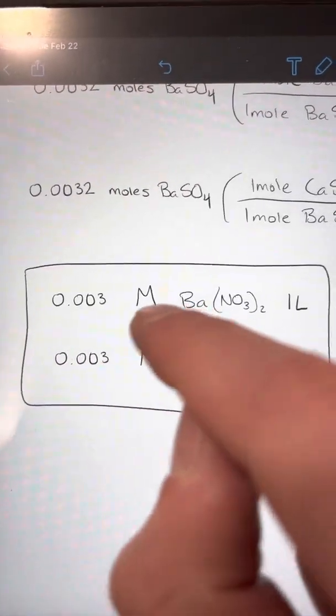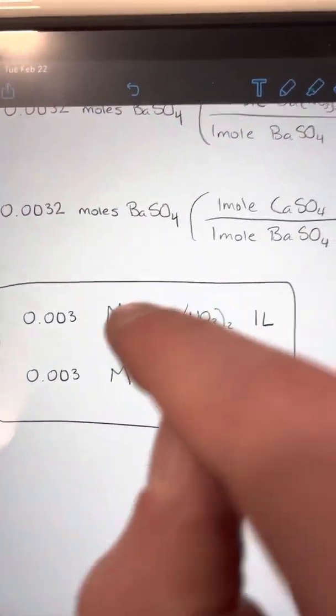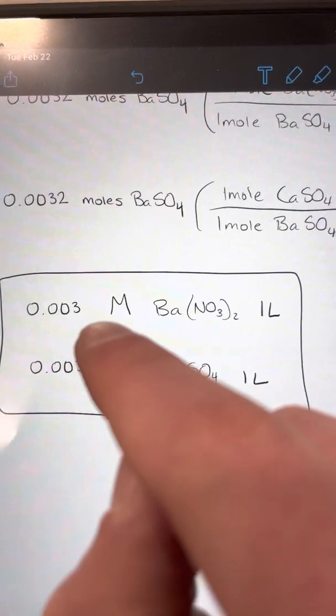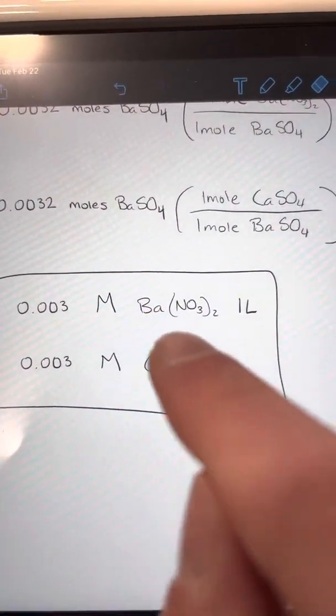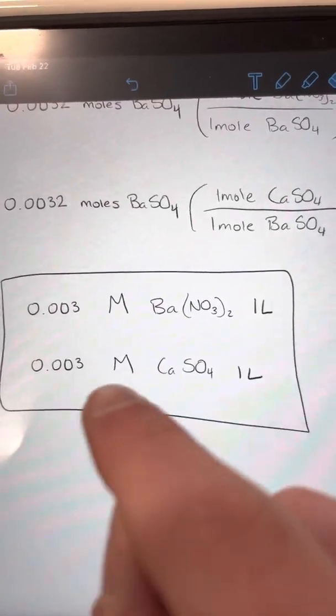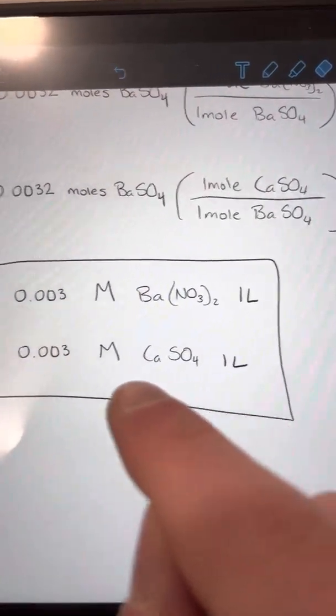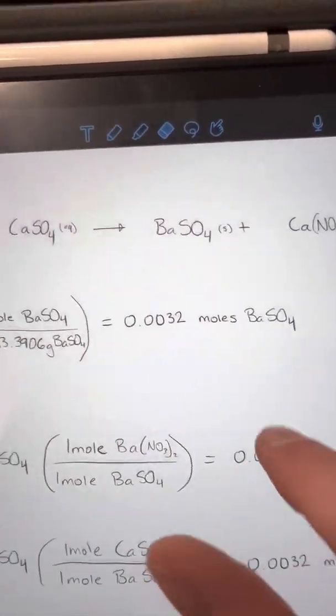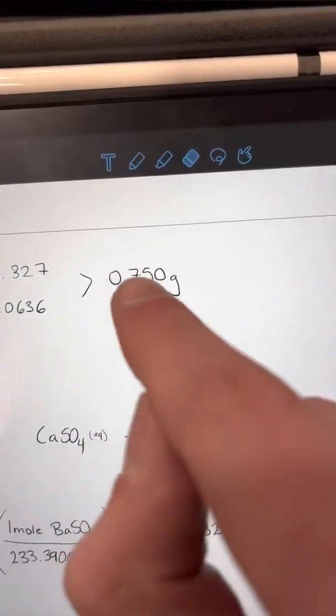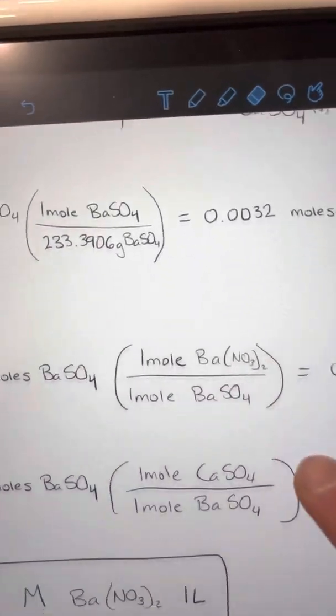And so 0.0032 moles per liter is our concentration, and we just say that we have 1 liter. So if we add 1 liter of barium nitrate and 1 liter of calcium sulfate, that's going to give us our 0.750 grams of barium sulfate.